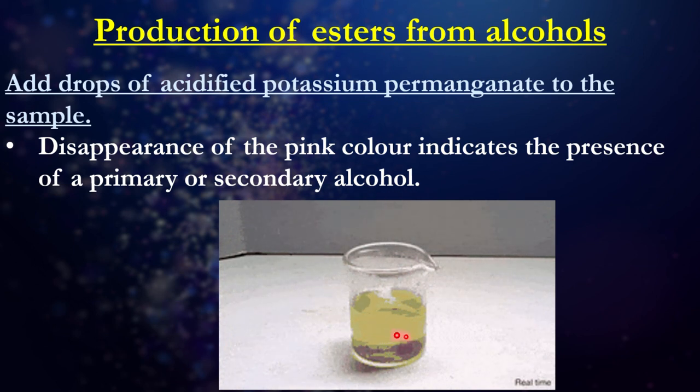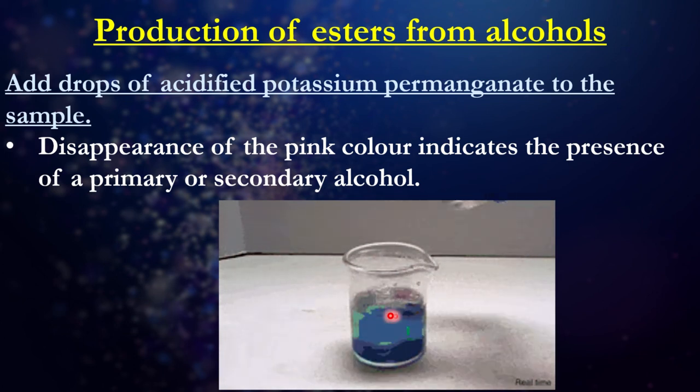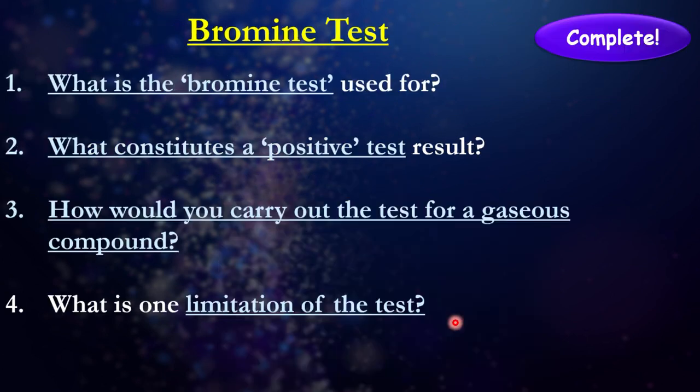So as you can see, that's the color change we have. Potassium permanganate is sort of a dark purple color. If you add an alcohol into it, you'll see it changes the color, causing a change. Obviously, you can sort of use it as an indicator of some sorts there as well.